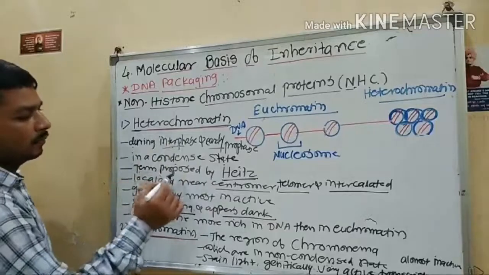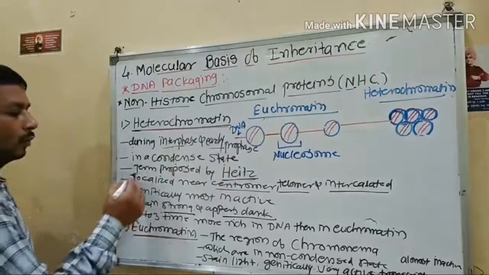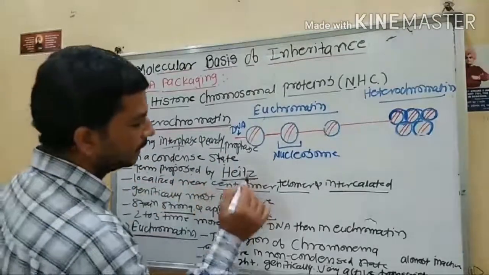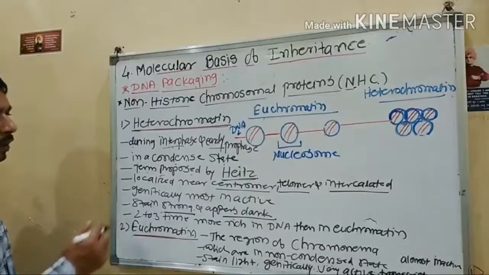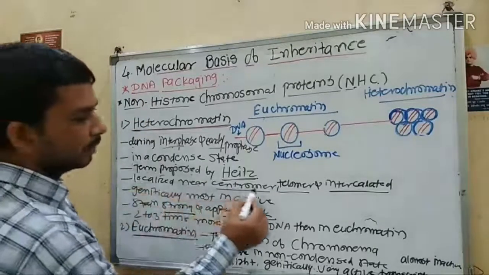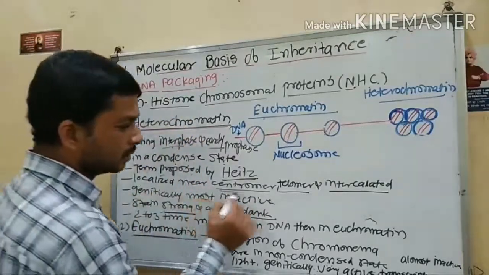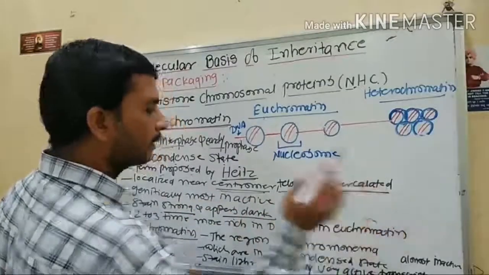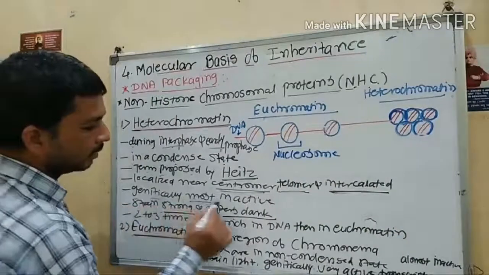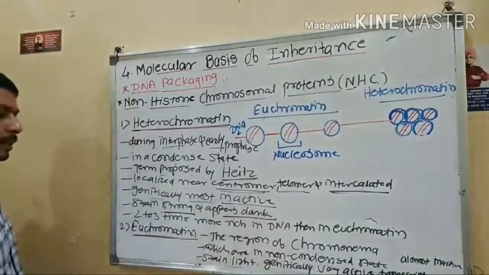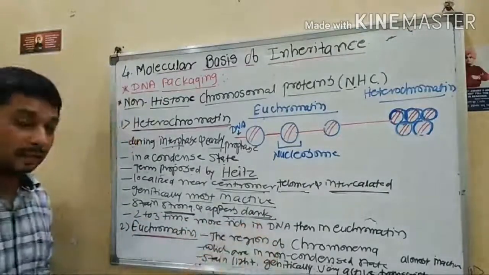Who proposed that? The scientist Heitz proposed that. Heterochromatin is localized near the centromere, telomere and intercalary regions. Genetically they are mostly inactive. The stain is strong, that's why they appear dark in color.